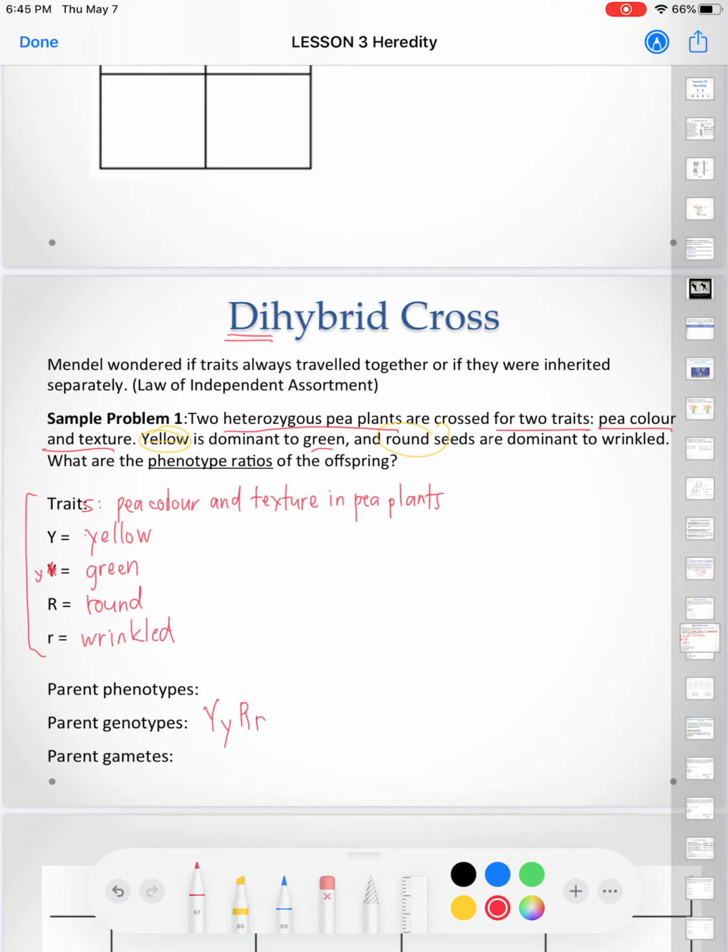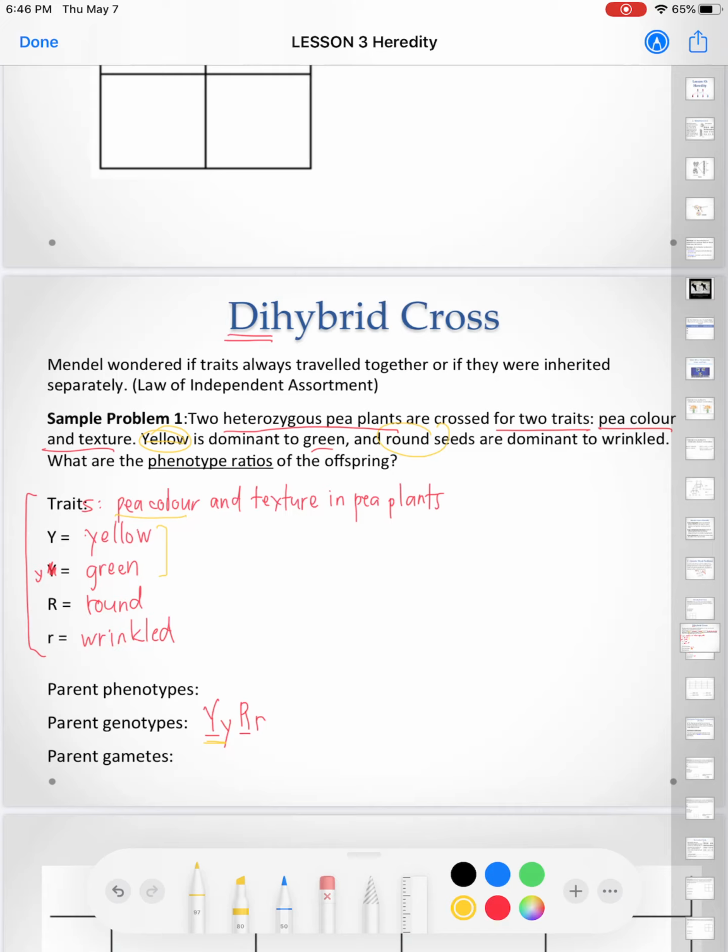You can see here we're following the rule again where I'm always writing the dominant letter first. And which letters do I write first? In the question I talked about pea color first, and those were the two alleles I gave first as well. So again, I'm going to put the Y's first before the R's.